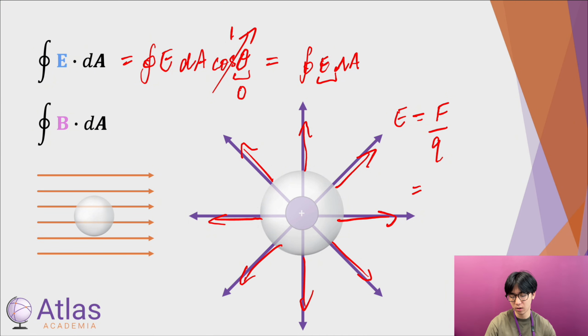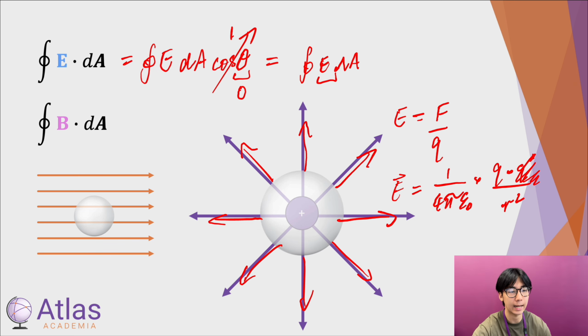Well, that's going to be 1 on 4 pi epsilon naught times Q times that other charge, let's call it Q dash, all over R squared. And it's independent of this Q dash, so let's delete it. And so this is really our electric field strength. And so let's sub that in. And it's constant, so we can take it out of the integral. So let's just write it on the outside.